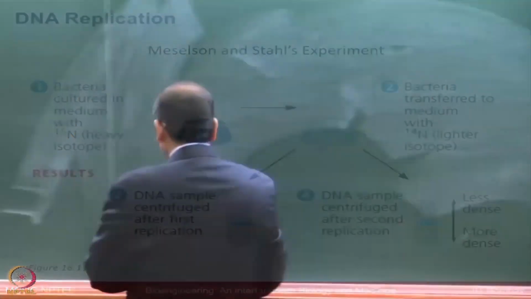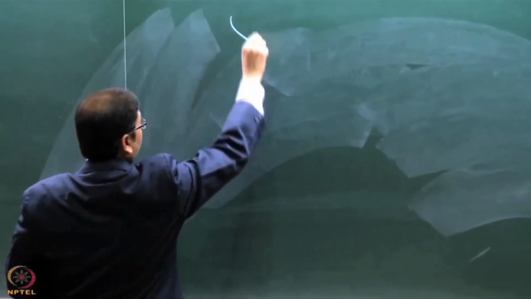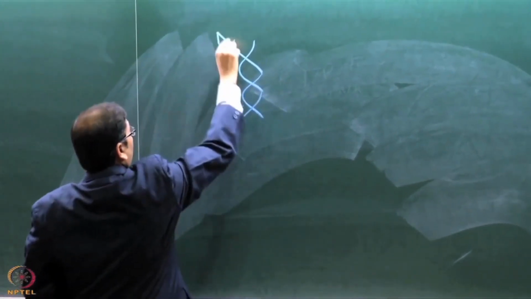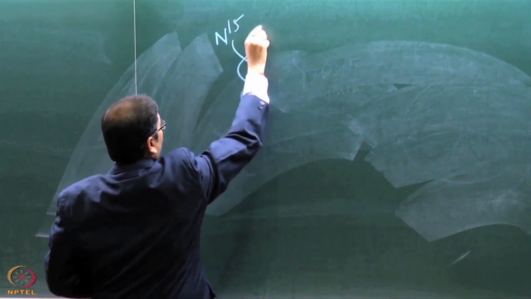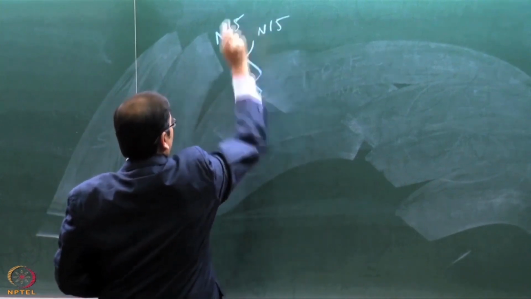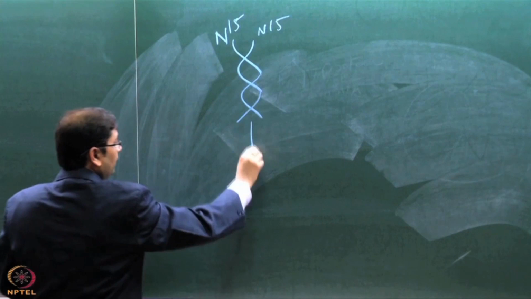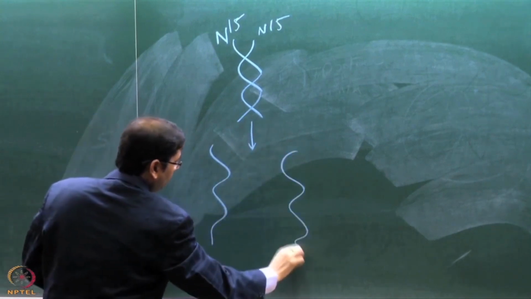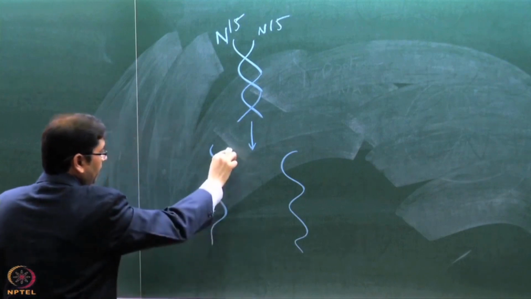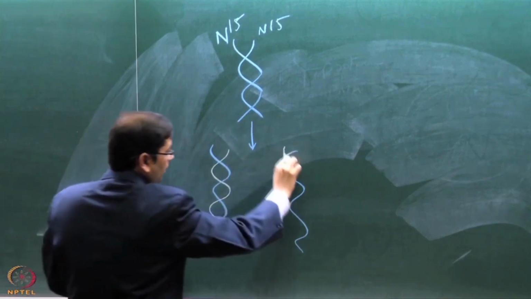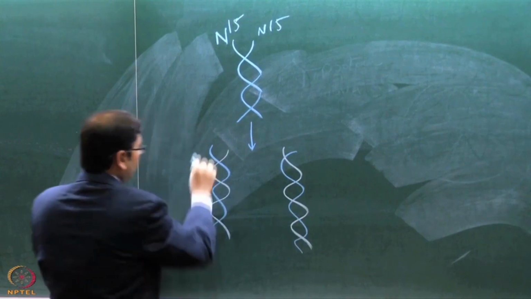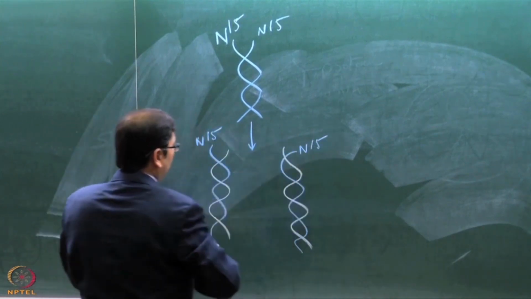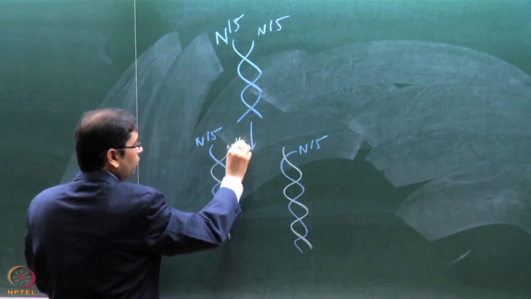All right, so let's assume that we have this DNA in the parental strand, and both strands are N15 labeled. After the first generation, one of the strands from the parental one remains there, and a new one, which is light, appears. So one strand comes from N15 and one is newly synthesized N14.